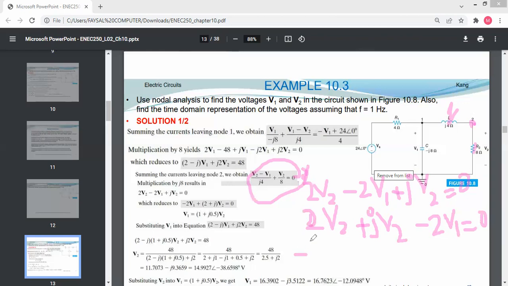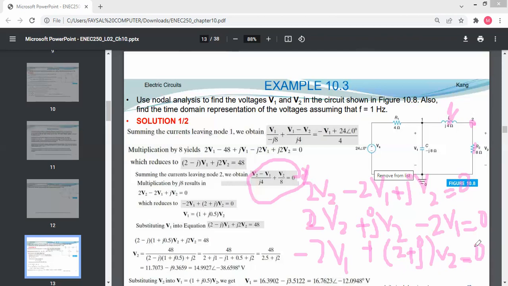So I have to write minus 2v1 here, plus 2 plus j having common v2, and this will be equal to 0. So this is the value of two nodal points, node point 1 and node point 2, with the parameters v1 and v2.